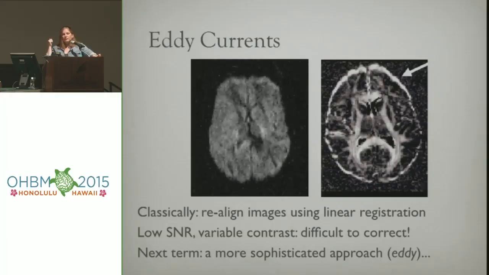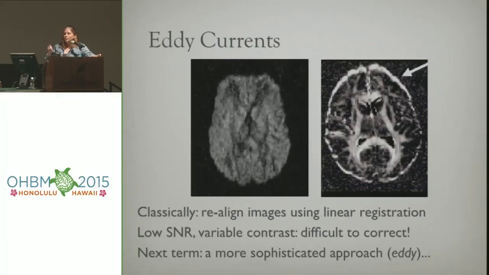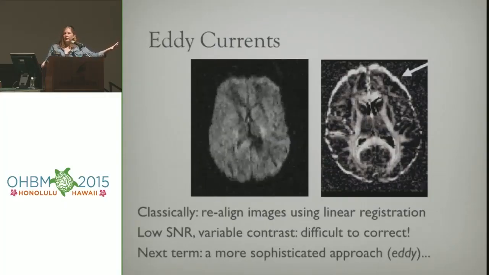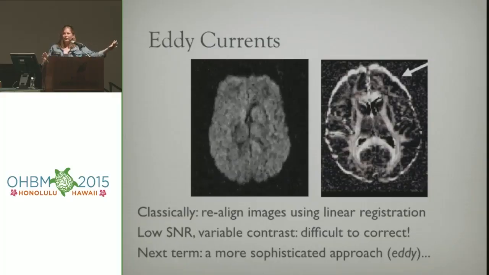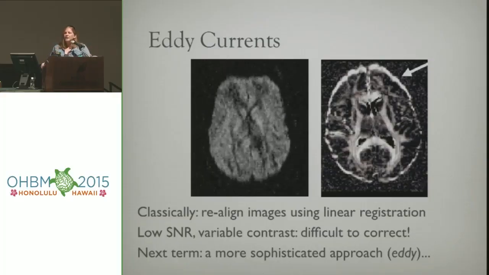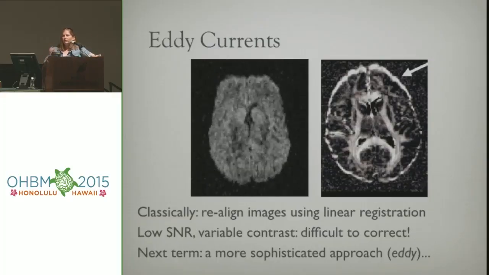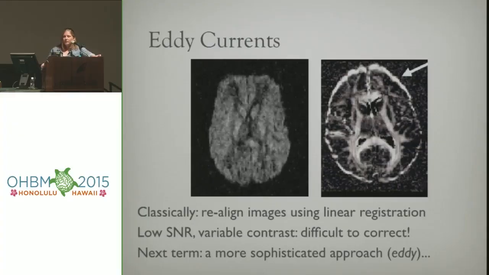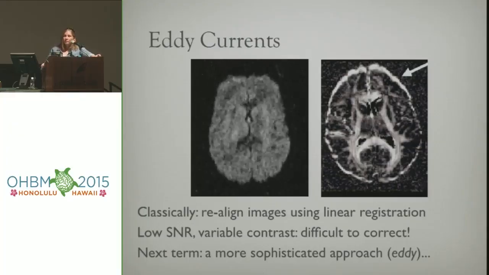We can either try to remove this in acquisition, which costs us in terms of echo time. That's the solution the field had been at until maybe the last five years. Everybody thought it best to avoid it in acquisition. Increasingly, there are sophisticated ways of dealing with this in post-processing, which are able to do a remarkably good job.